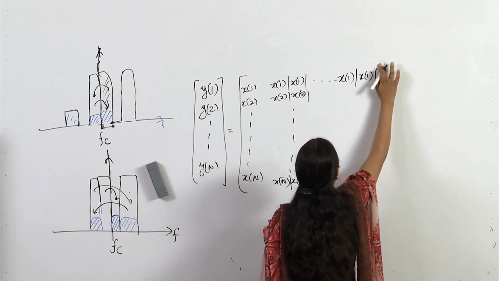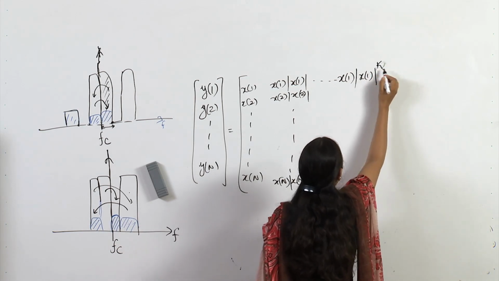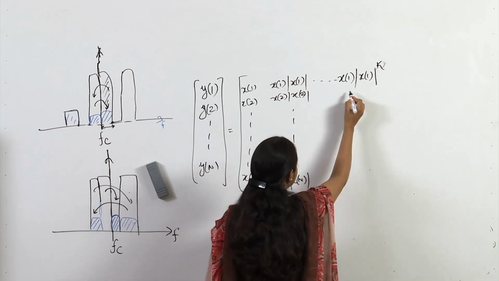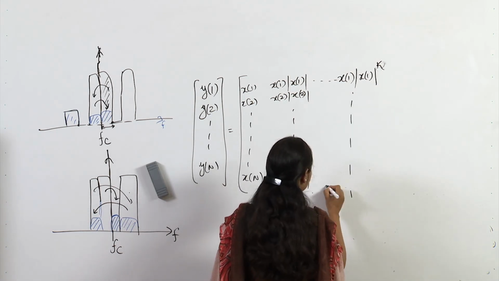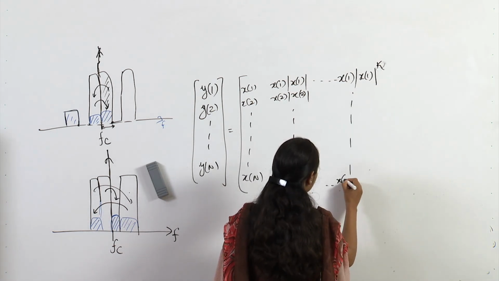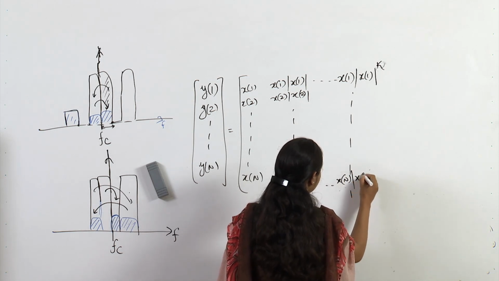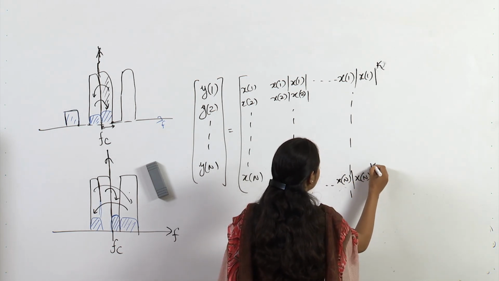Not n, we were taking the parameter to be k. K is the nonlinearity order here. So same thing here, xn and xn to the power k.